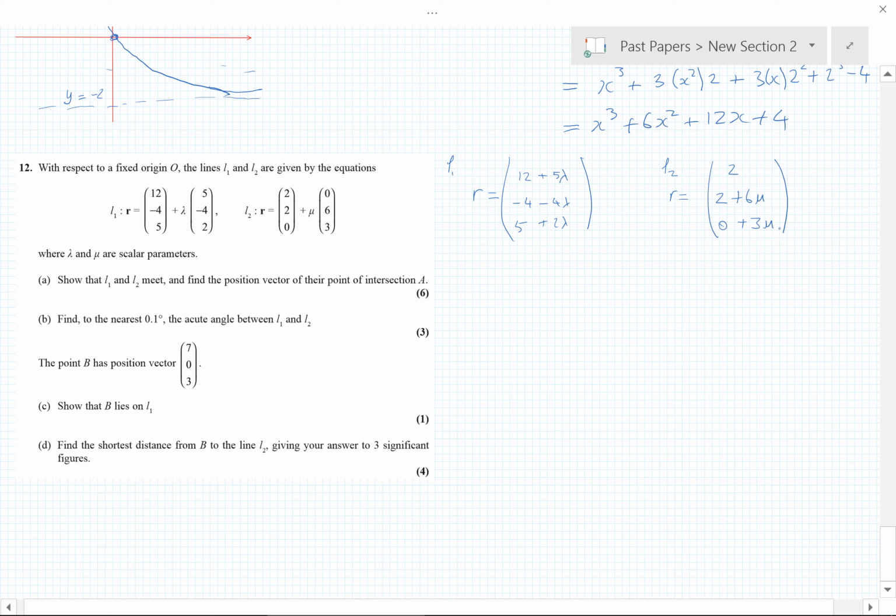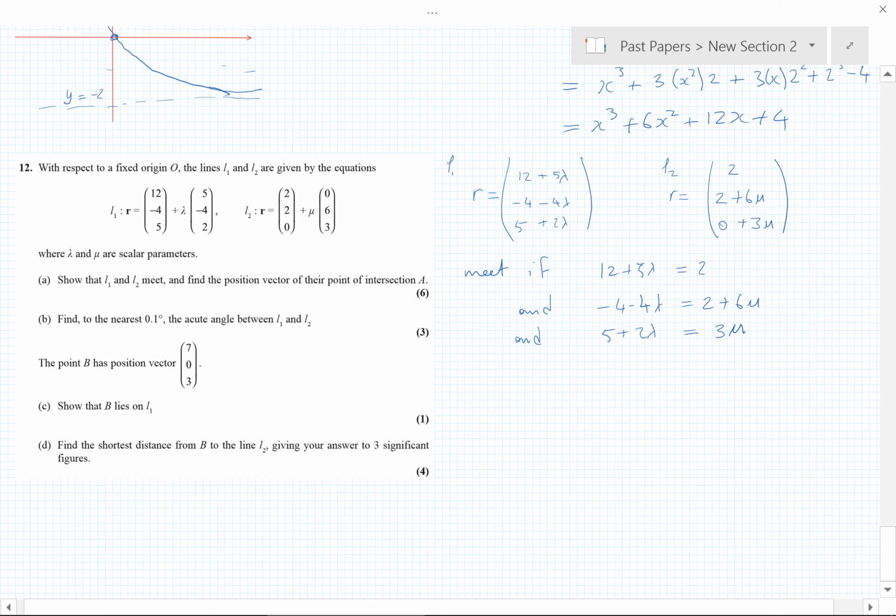So what we do is, if they meet, all of these equations hold for some value. So we've got 1 plus 5 lambda equals 2, and minus 4 lambda equals 2 plus 6 mu, and 5 plus 2 lambda is equal to 3 mu.